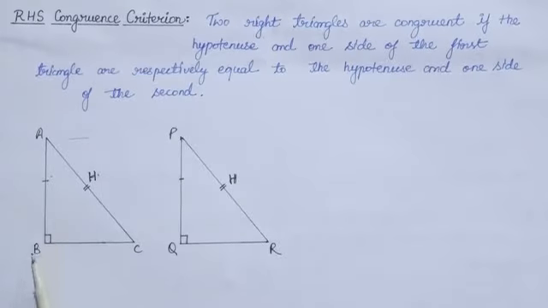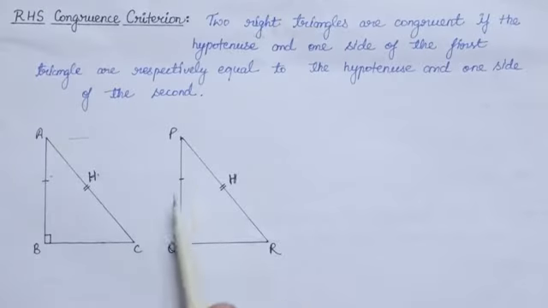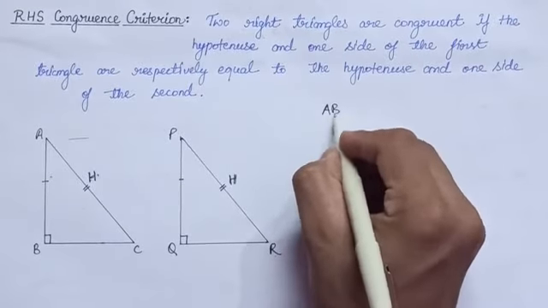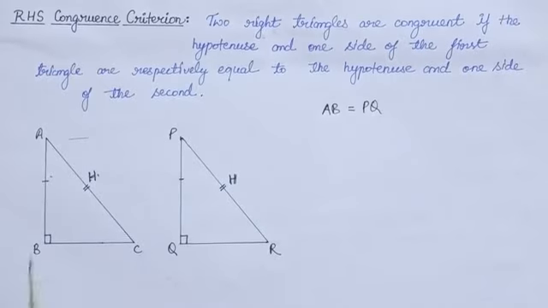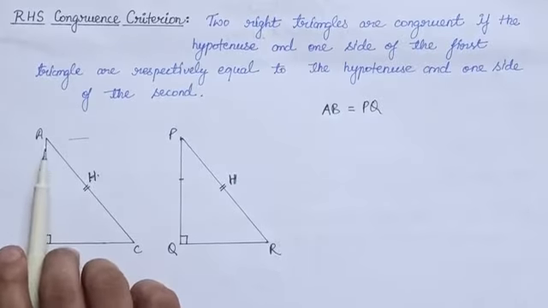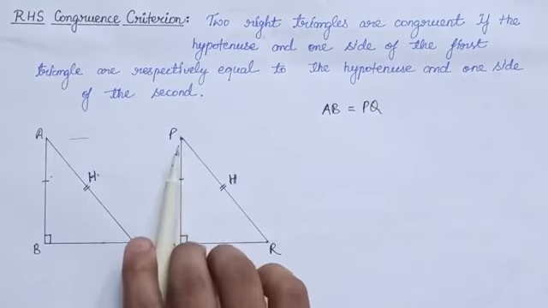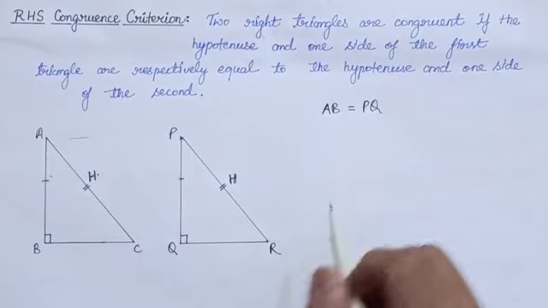Also here it is given that the side AB of the triangle ABC is equal to the side PQ of the triangle PQR. Okay, AB is equal to PQ, and the hypotenuse AC of the triangle ABC is equal to the hypotenuse PR of the triangle PQR.